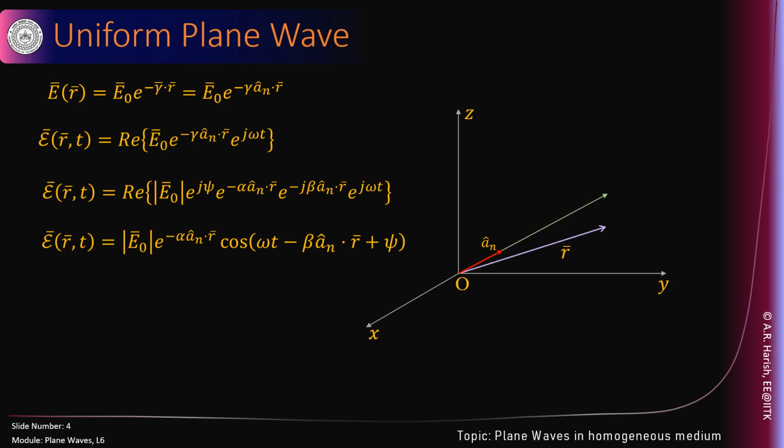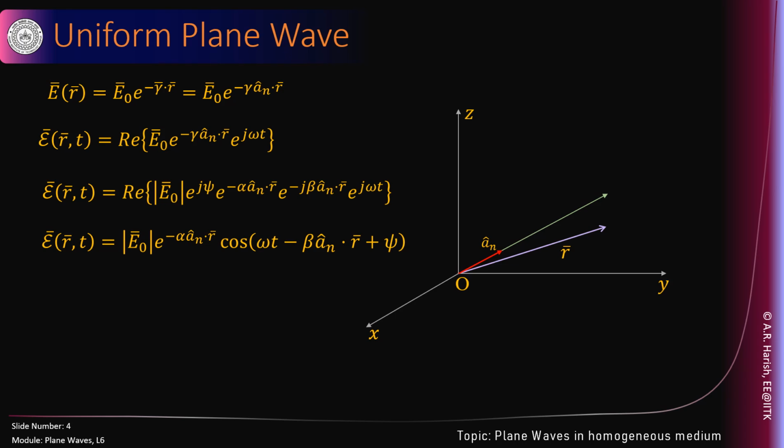Now we ask the question, if I can think of a constant phase point, let's come to surface later, for a fixed time and for a fixed value of psi. Psi is decided by E naught bar, therefore psi is fixed, time is fixed.